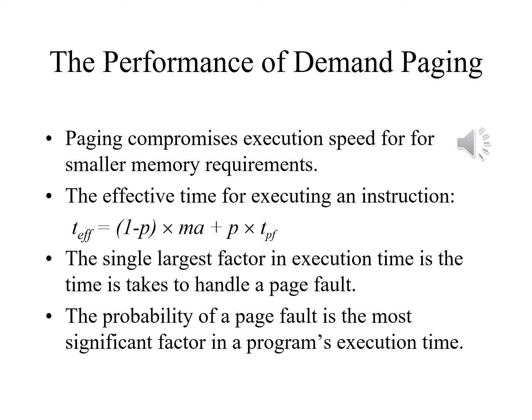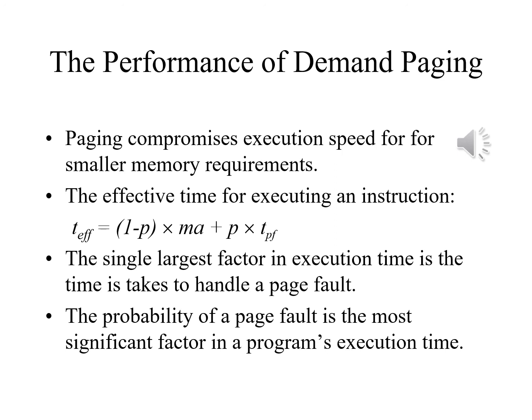The effective time that it takes to execute an instruction is the probability of no page faults times the machine access rate plus the page fault frequency times the time it takes to handle a page fault. If P is the page fault probability, 1 minus P is the probability of no page fault.